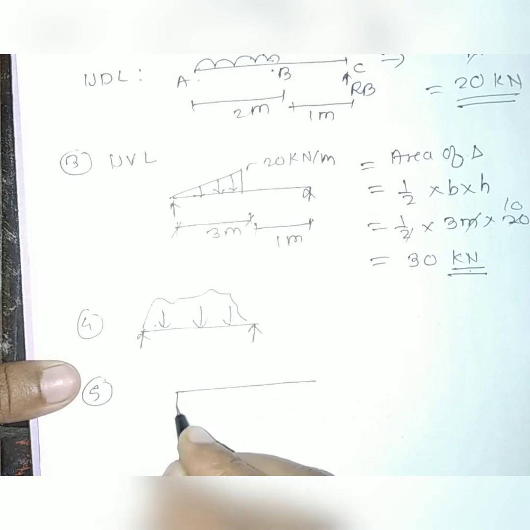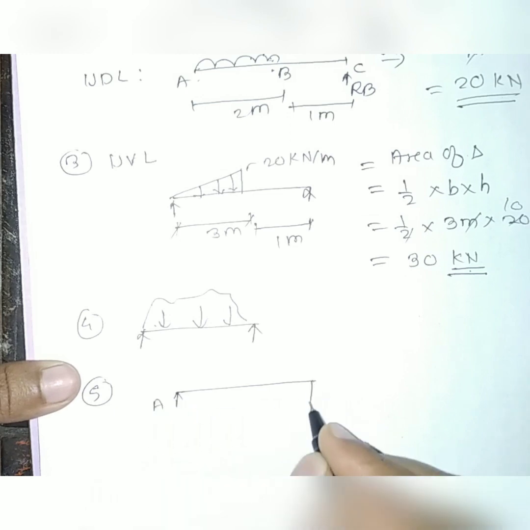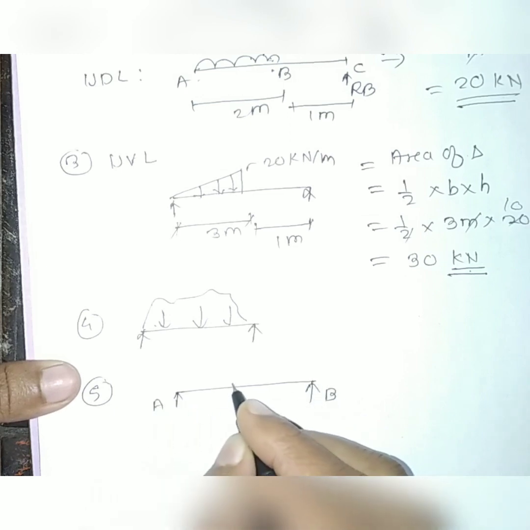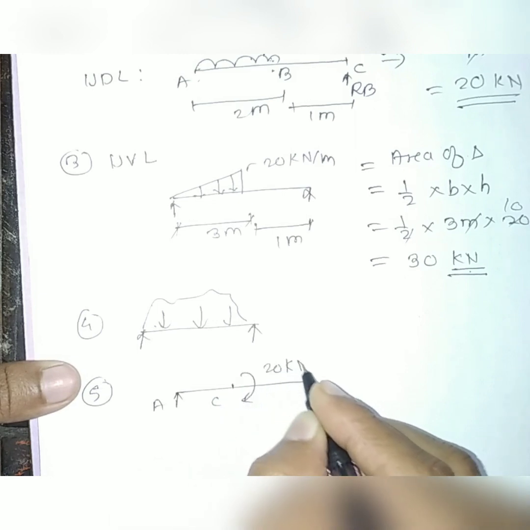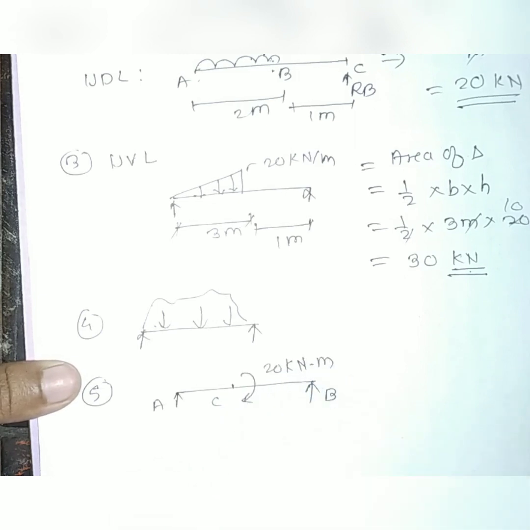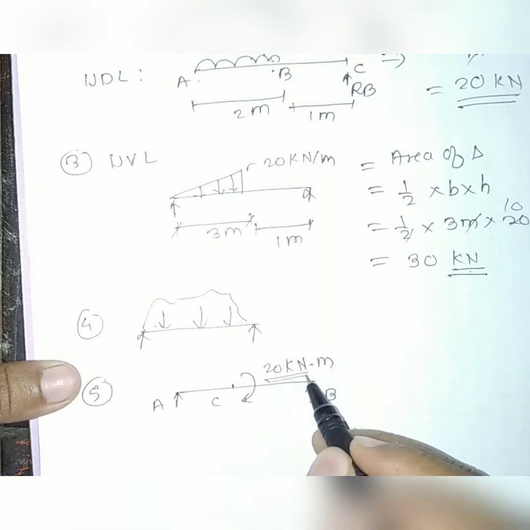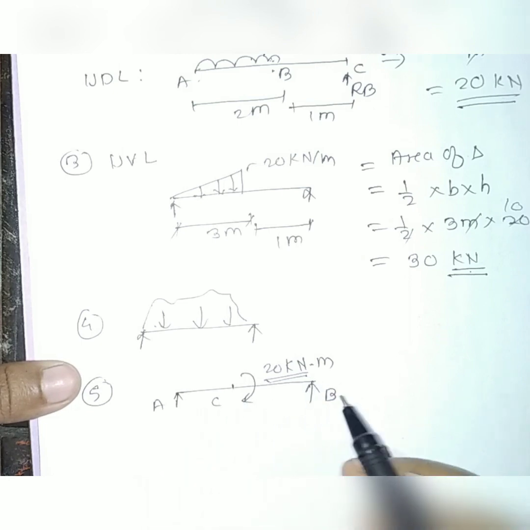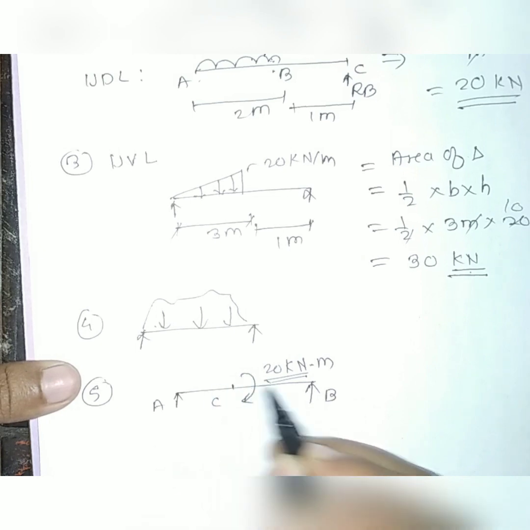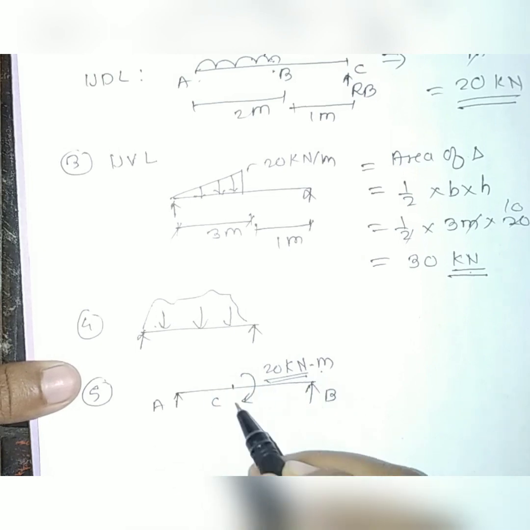Suppose this is a beam AB and at point C, suppose a 20 kilonewton meter moment is acting. Then this particular 20 kilonewton meter is called as external moment. A beam is subjected to clockwise moment of 20 kilonewton meter at point C.